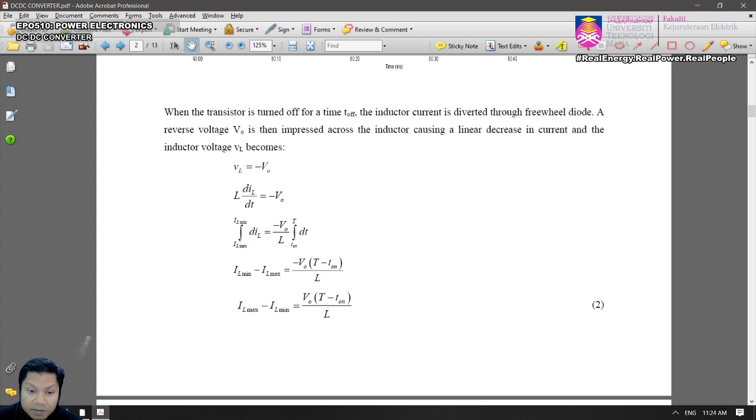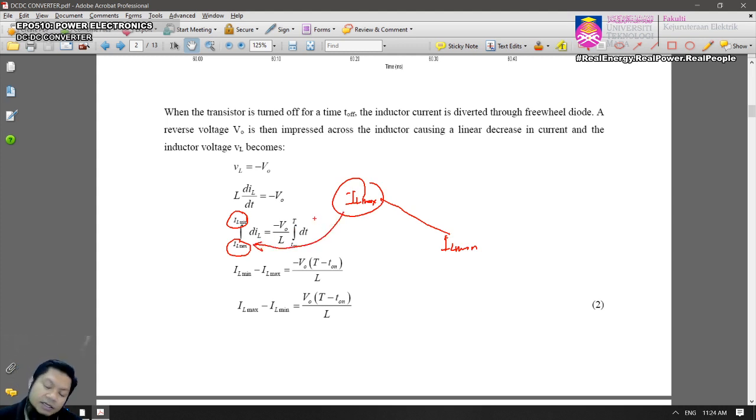Now it has to be from IL max to IL min, isn't it? Because the current drops, reduces or falls from IL max to IL min, right? So you start with IL max, so that's why we call it the lower limit IL max, and the upper limit should be IL min, right?